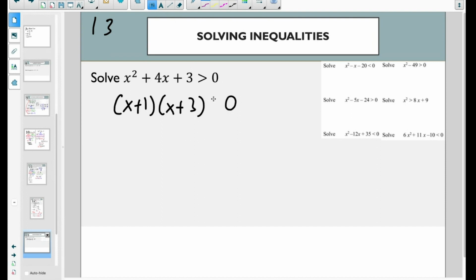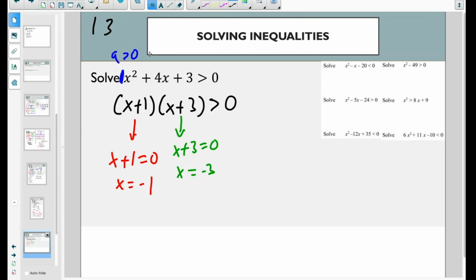If I set these equal to 0, I would get x is equal to negative 1, and over here, x plus 3 is equal to 0 when x is equal to negative 3. Because my a value here is 1x squared, a is positive, a is greater than 0, so it opens up.